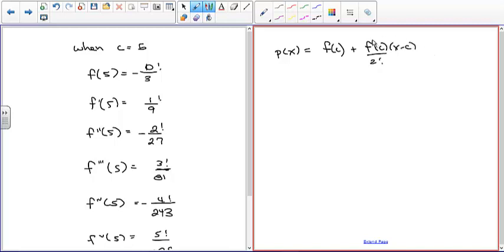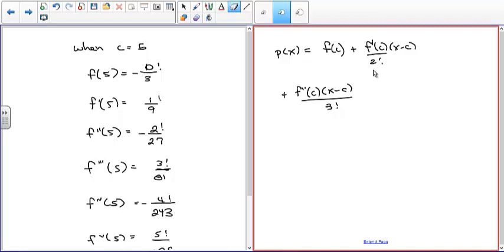Then you have the next term, which is f double prime of c times (x minus c) squared, divided by 2 factorial. Is that right? I'm not sure if I might have started too early here. Hold on just a second. Let me look. Taylor series, there we go. Yeah, I did start too early.